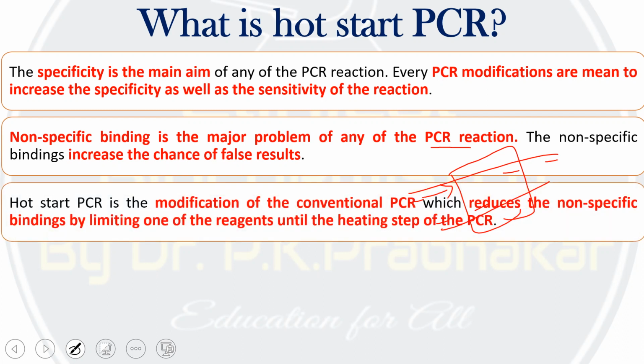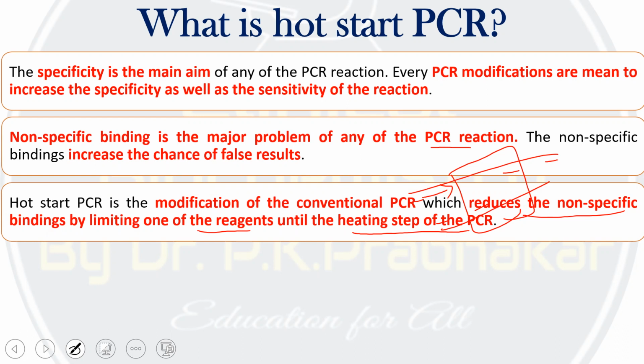Hotstart PCR, which is a modification of the conventional PCR, reduces non-specific binding by limiting, by restricting, one of the components or reagents until the heating step of the PCR is processed. We have seen three different stages.